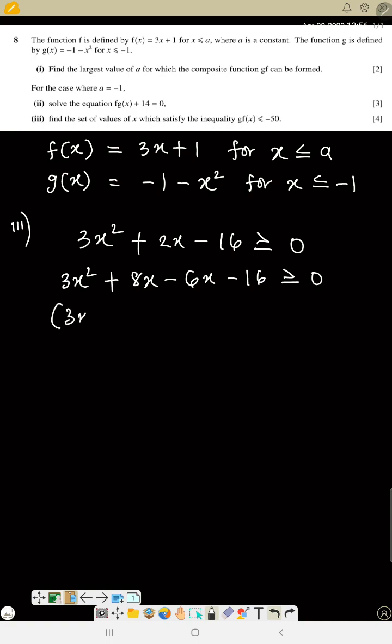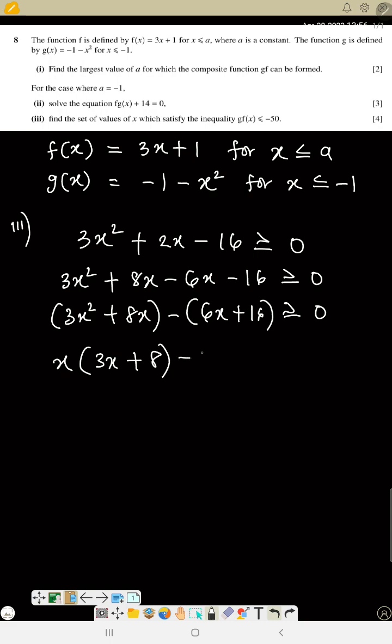So bracket 3s squared plus 8s, minus 6s plus 16, is greater than or equal to 0. s is common here, so it remains 3s plus 8, minus 2 is common here, so that's 3s plus 8 is greater than or equal to 0. Remember, this is 16 in the brackets.